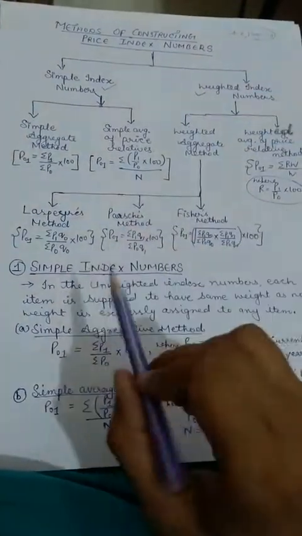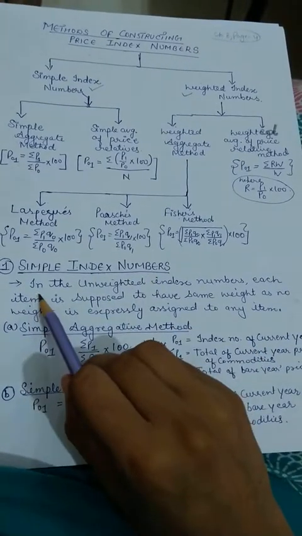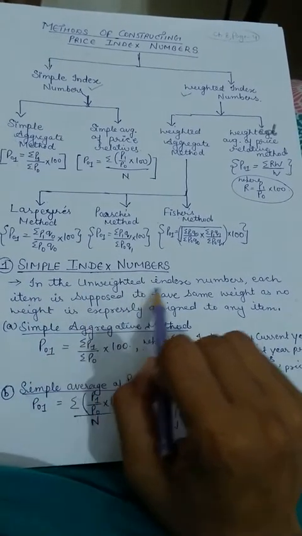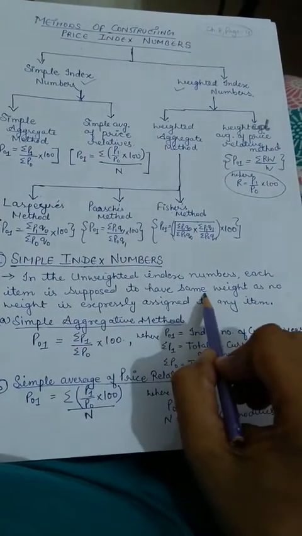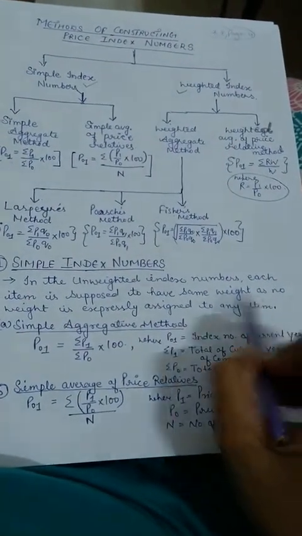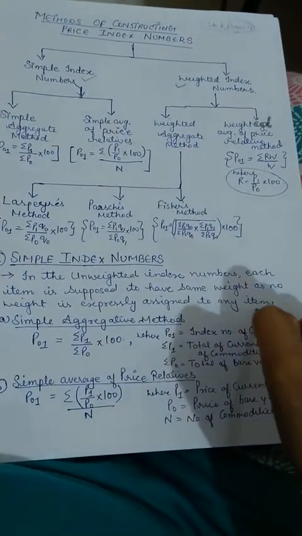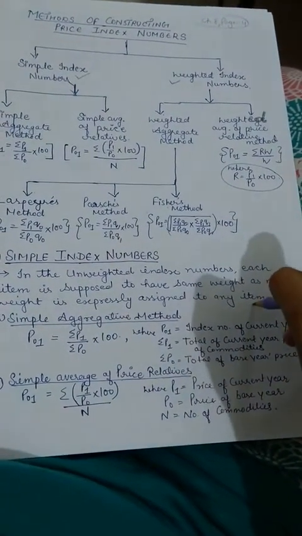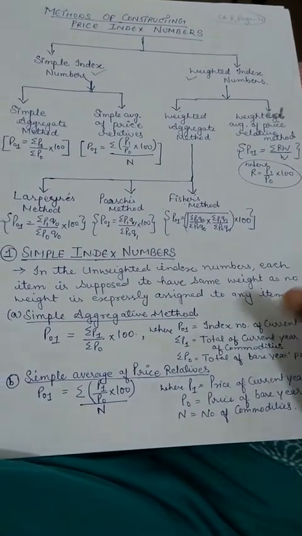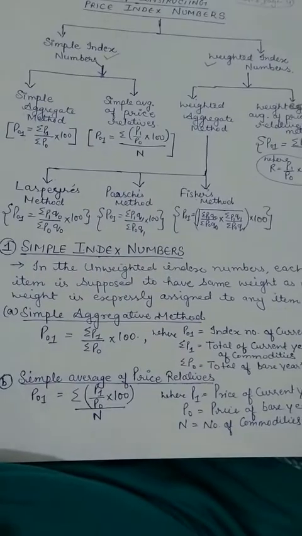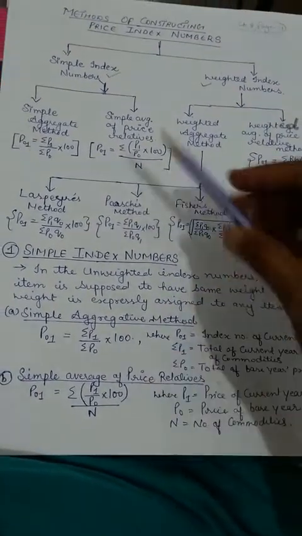The first one is your simple index number. In the unweighted index number, each item is supposed to have some weight, as no weight is expressly assigned to any item. Bache, in this we are not using any weight, simple calculation we are doing. And the first formula is simple aggregate method, which I have already discussed above.